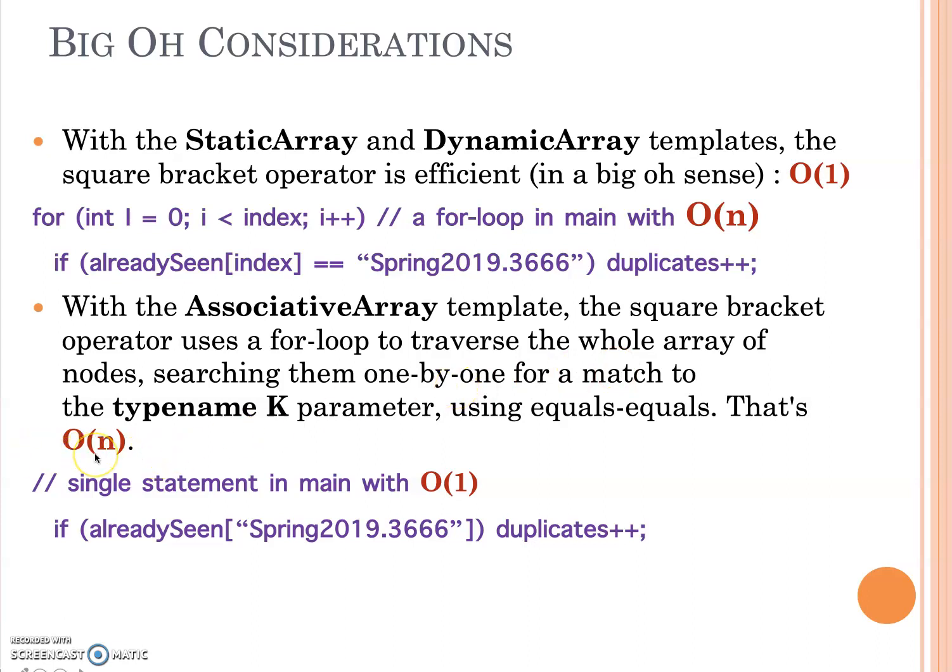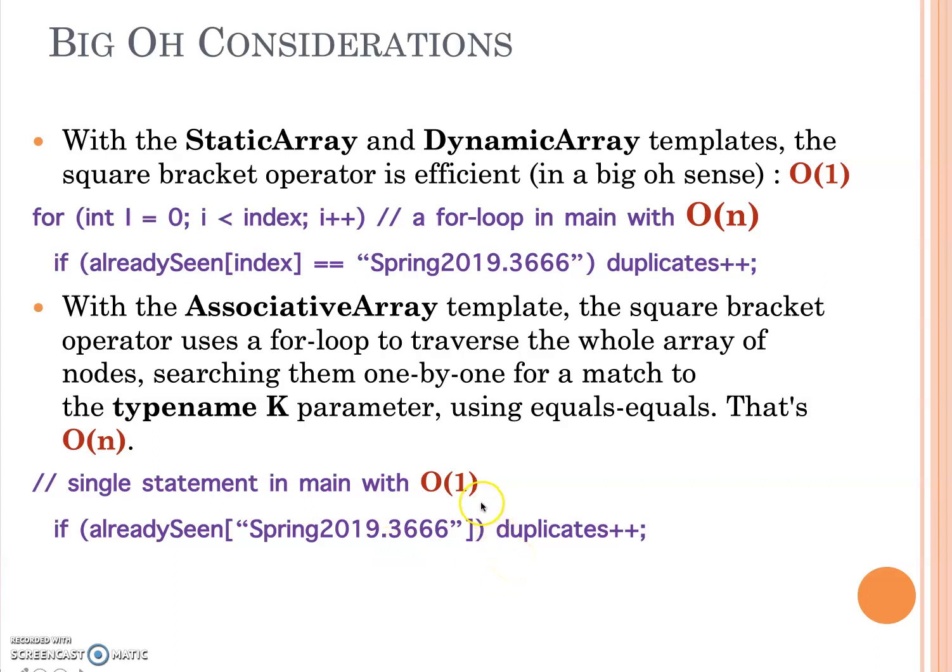But in our main function, when we try to find the match value, do I have the spring 2019 3666 section or not? I only need one statement. It returns true or false, and I know duplicate or not.